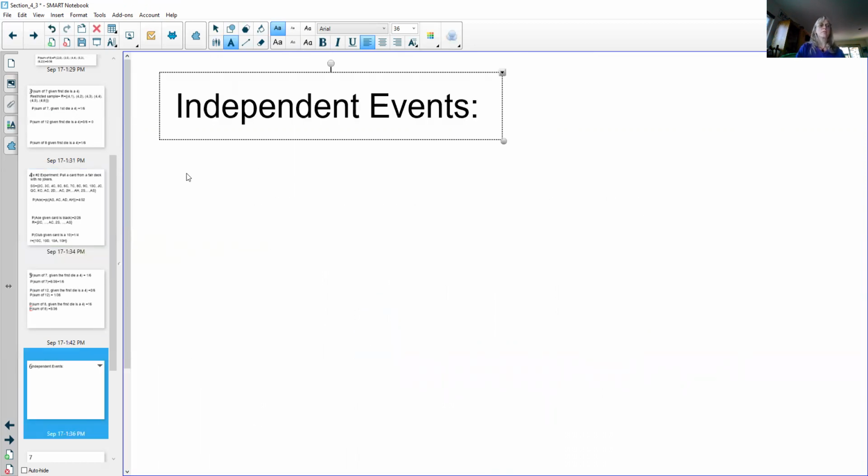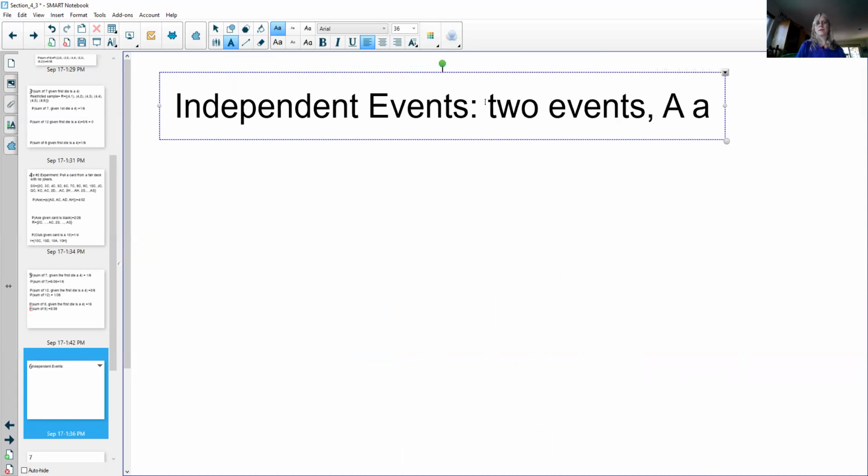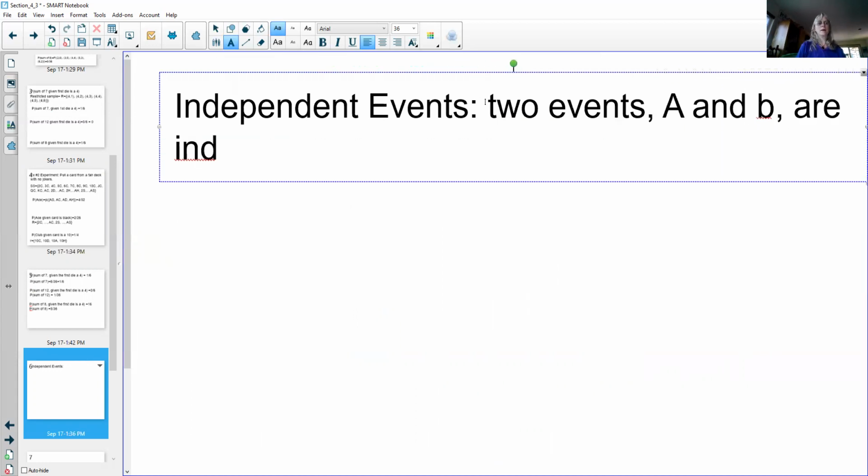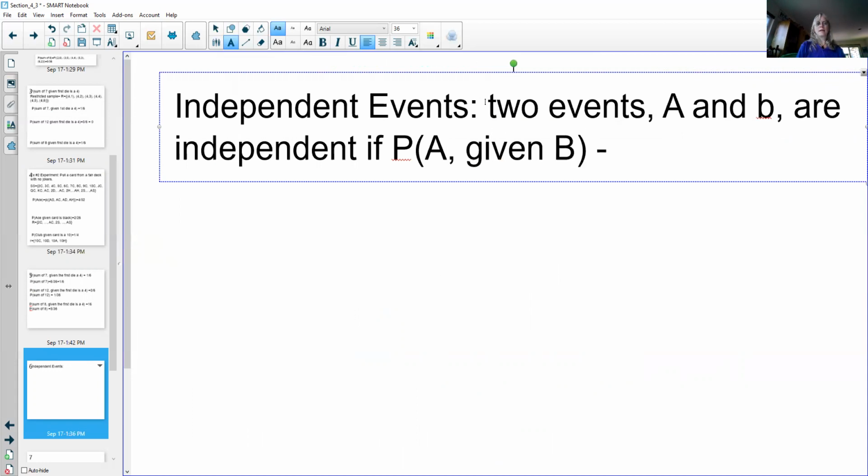This gives us an idea of what we call independent events. Two events, we'll call them A and B, are independent if the probability of A, given that B has happened, equals the probability of A. In other words, knowing that B happens doesn't change the probability of A in any fashion.